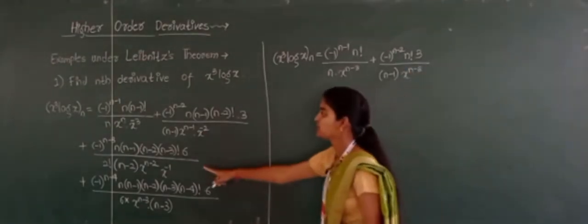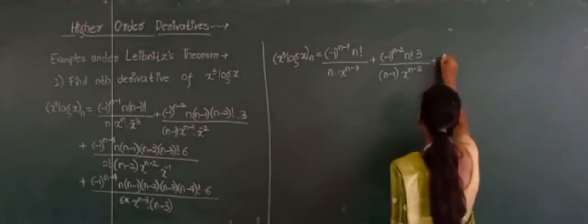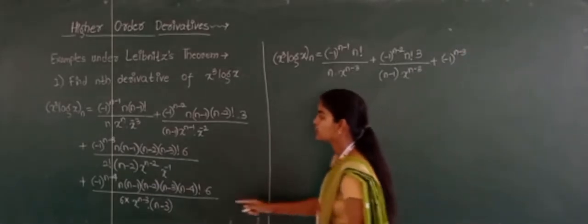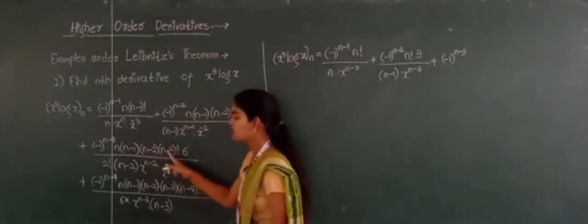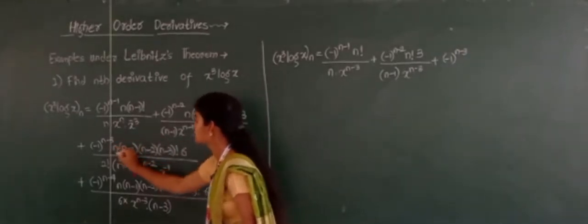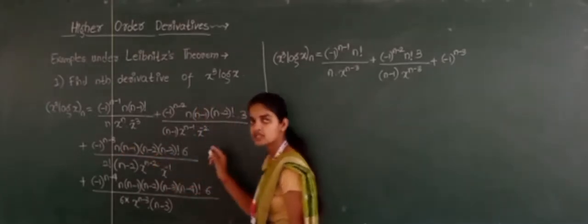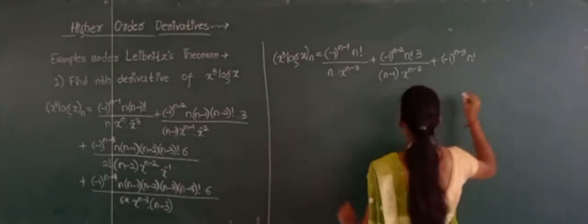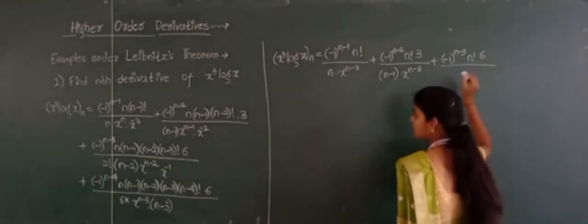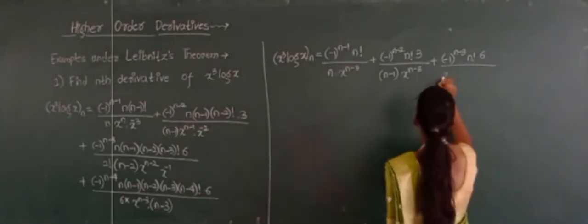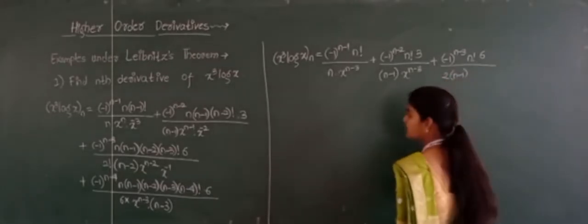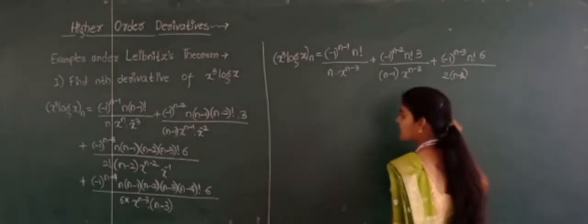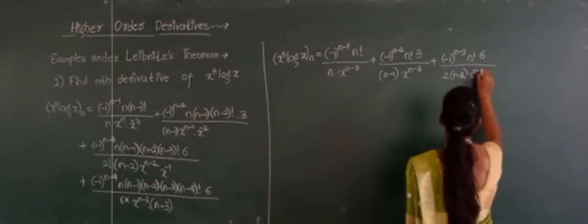So coming to the next term, that is what? Minus 1 raised to n minus 3, again n into n minus 1, n minus 2, n minus 3 factorial. If you combine all these terms, again it becomes n factorial, and this 6 I will write as it is, divided by 2 into n minus 1, 2 into n minus 2 is there, and into x raised to n minus 3 again.